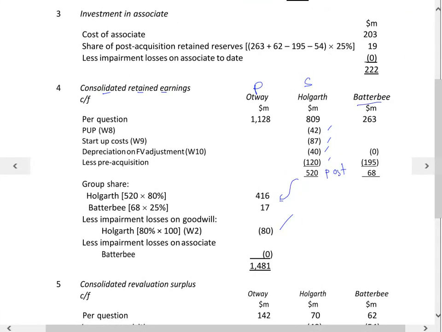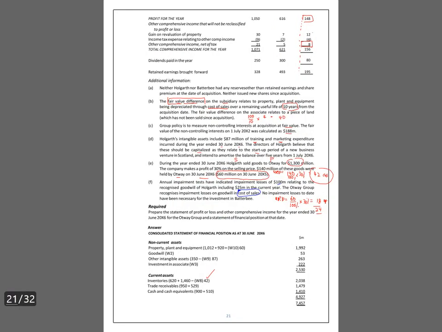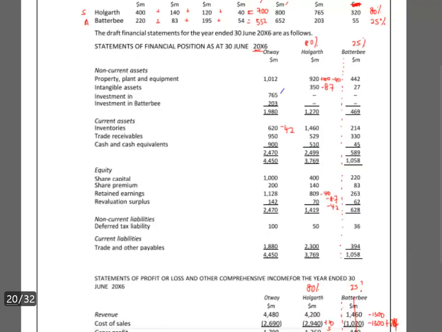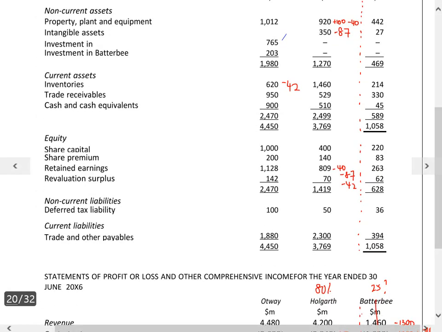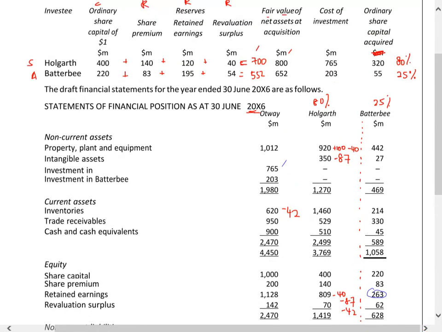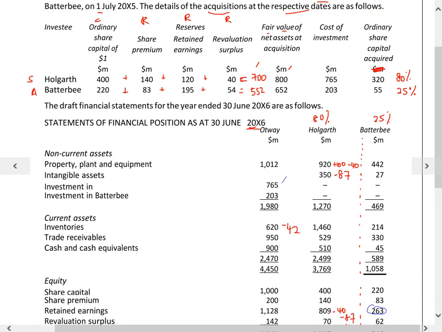Can you still follow? Yes. Associate retained earning is 263. Now, when I first purchased, retained earning is 195. What is associate post acquisition profit?